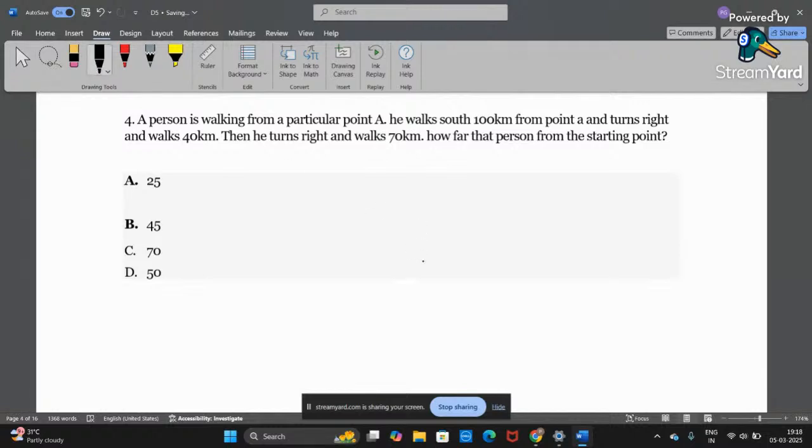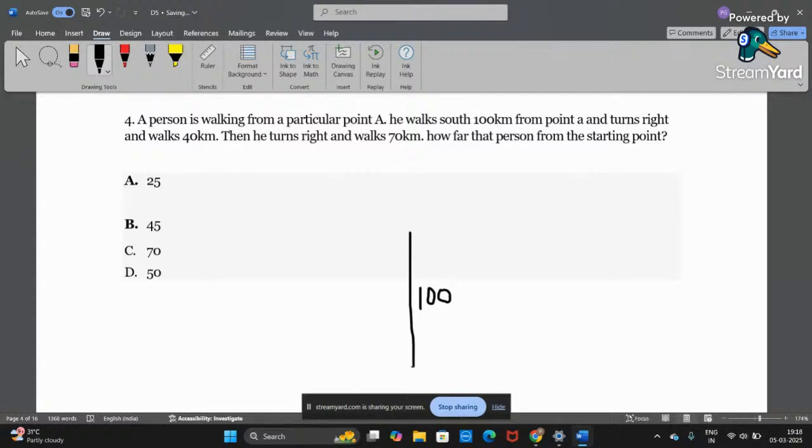A person is walking from a particular point A. He walks south 100 kilometers from point A and turns right.